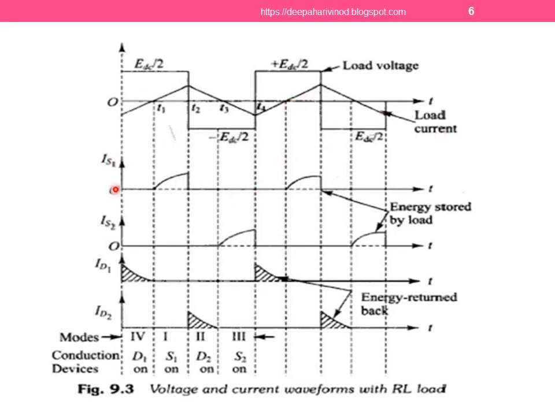This is the current through S1: until S1 is turned on it is 0, and after S1 is on the current flows, and that is energy stored by the load.